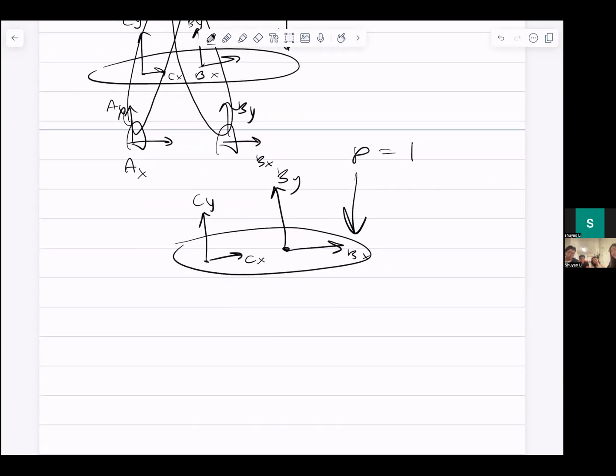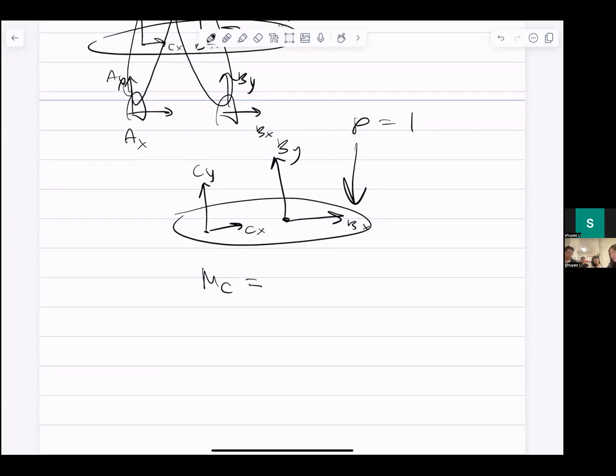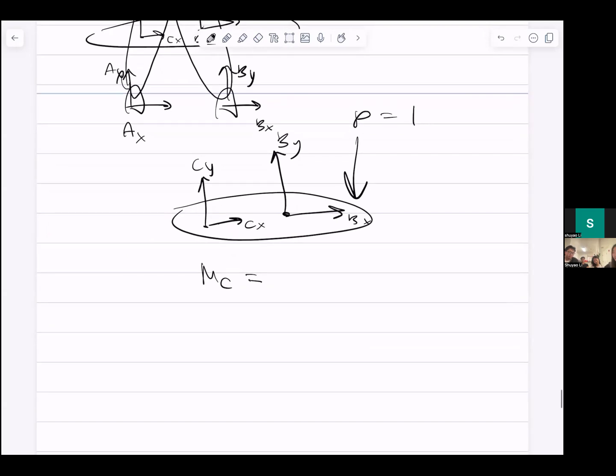So we could take the moment about C in order to find BY. I'm not going to go through the entire thing, but you could find BY through this because BX cancels out when you take a moment about C. And you don't need C's reactions because the moment arm would be 0. And then once you find BX, you can create an equation which looks like this.